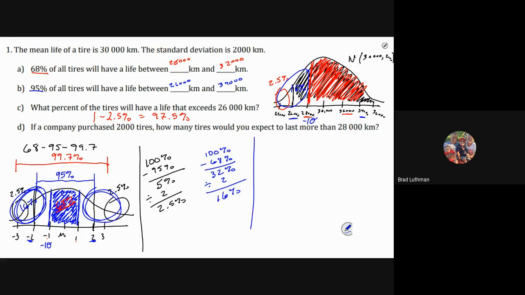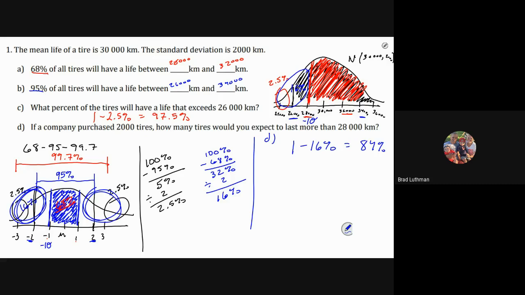So to answer this last question, part D, what we'll do is 100% of the curve minus out the 16% that is not accounted for, not shaded in, and get 84%. From there, we're going to do an expected value problem, which we would have established in chapter 5.